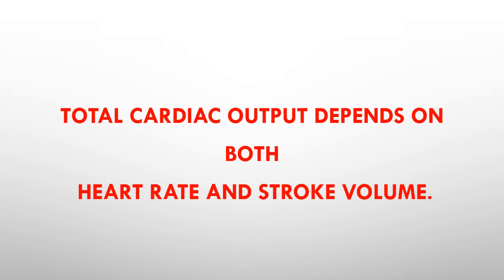So our total cardiac output is always going to rely upon heart rate and stroke volume. So heart rate times stroke volume equals cardiac output. That's going to be our factor in determining what that is.